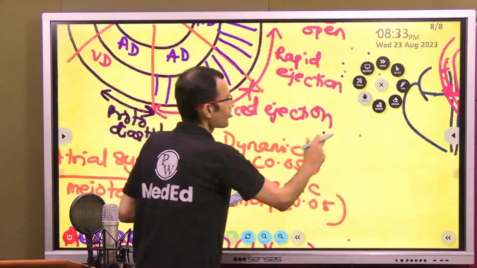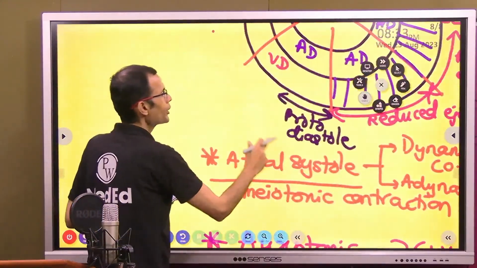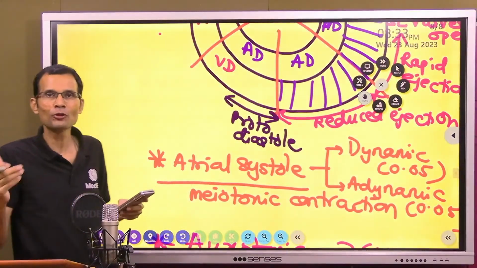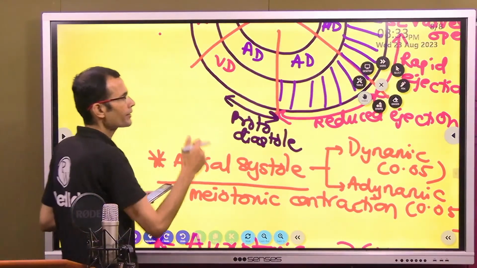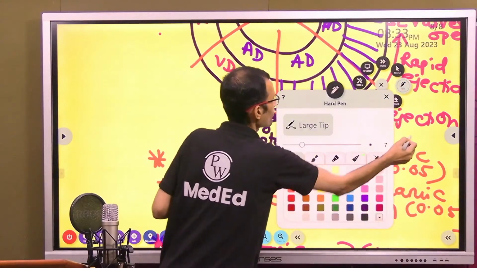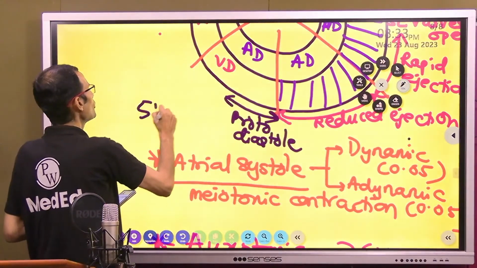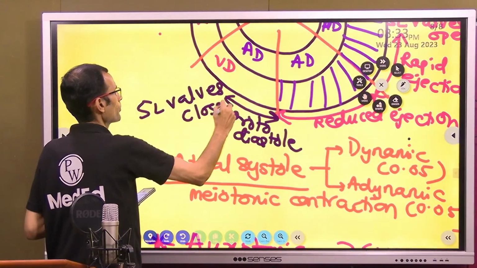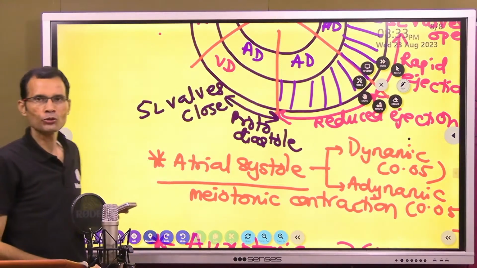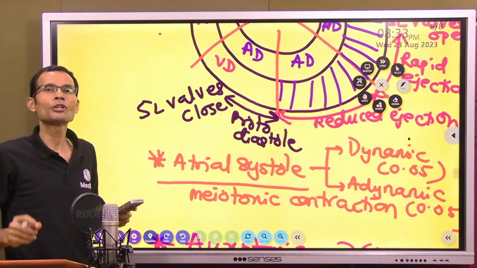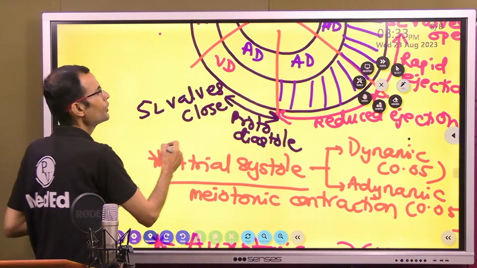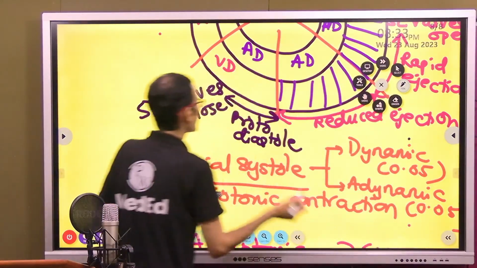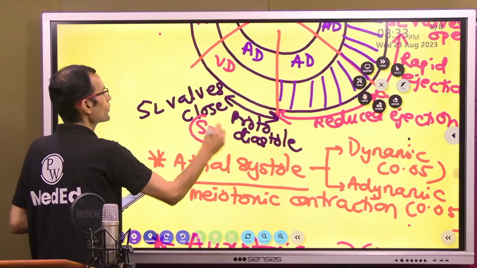But then the semilunar valves are meant to prevent this backflow of blood into the ventricle. So the next thing that happens is the semilunar valves close. The closure of the semilunar valves makes the sound called the second heart sound, S2.